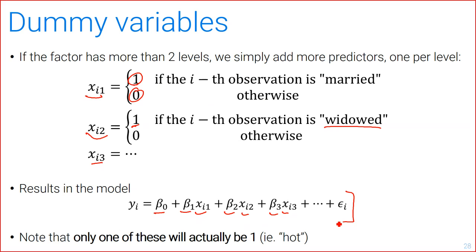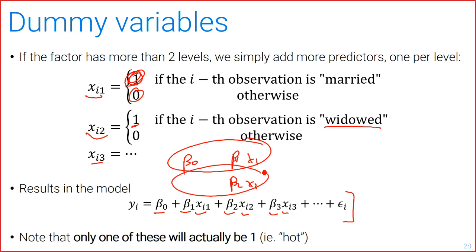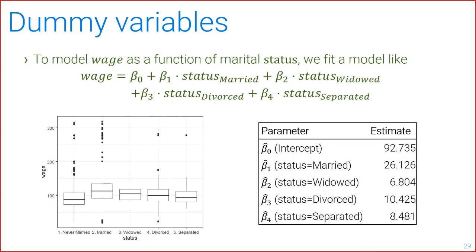Only one of them is going to be active, equal to 1. So what we have is a model in which we always have the intercept and then either beta 1 x1 or beta 2 x2 or beta 3 x3, only one of them. And so this is a way of modeling the effect of each of the categories on the response by using dummy variables.